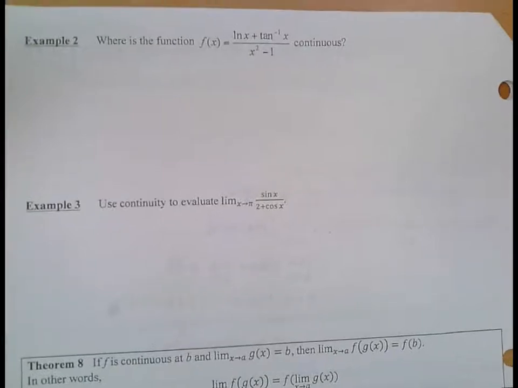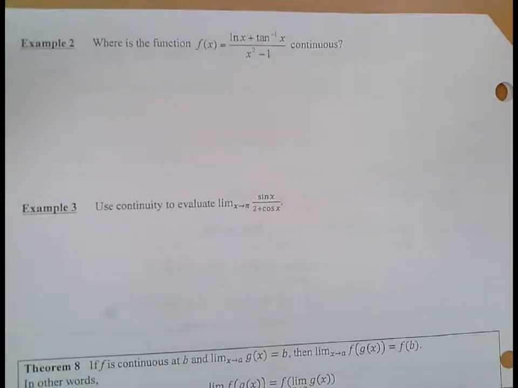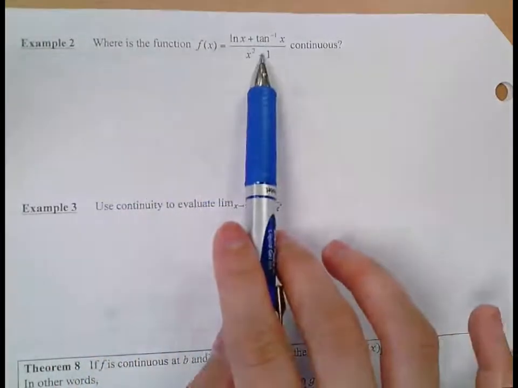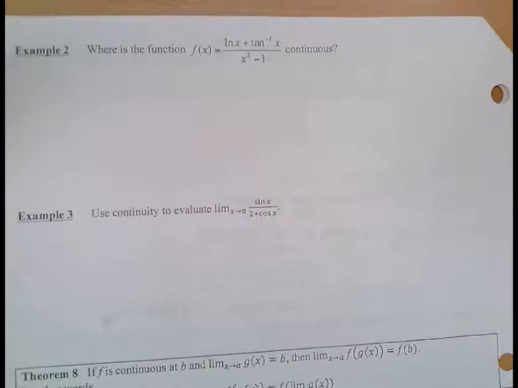Example 2 says, where is the function f of x equals natural log of x plus inverse tangent of x over x squared minus 1 continuous? When you see this question, I could also ask you, find the domain of f of x. They're asking you the same thing. So we basically just need to find this domain.